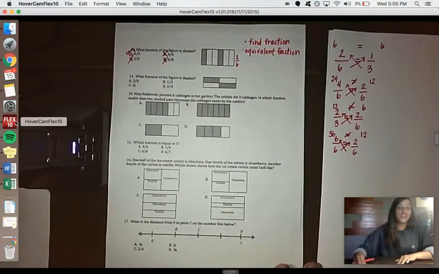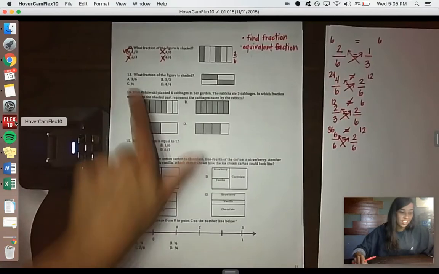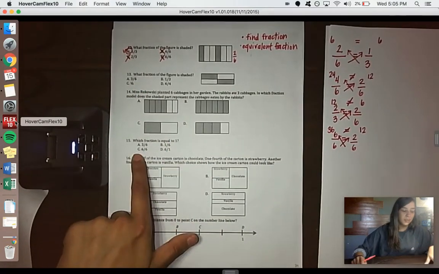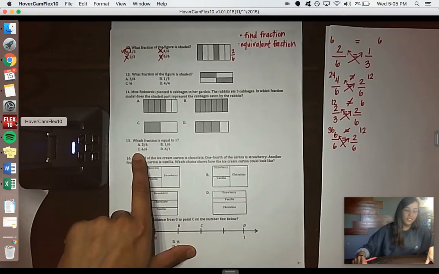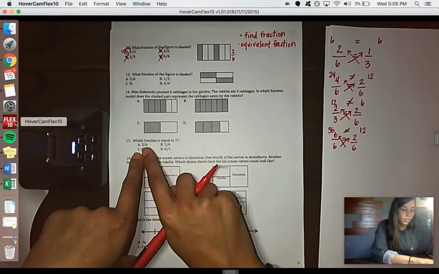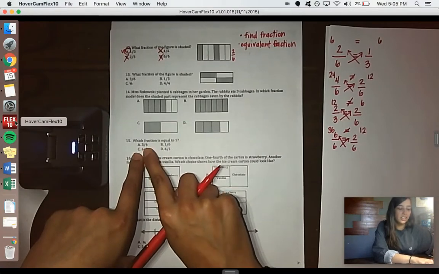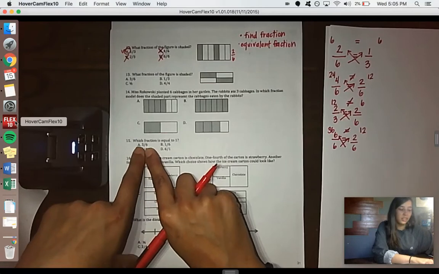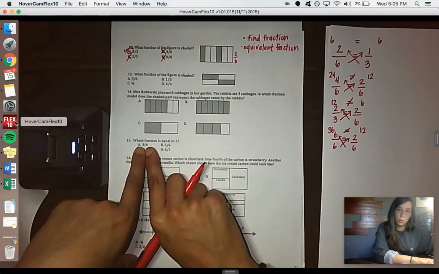You're going to do that on number 13, the same thing on number 14, and the same thing on number 15. 15 is a little tricky. Which fraction is equal to 1 whole? You have 3 pieces of pizza, and the pizza's cut into 6 pieces. Did you eat the whole thing?